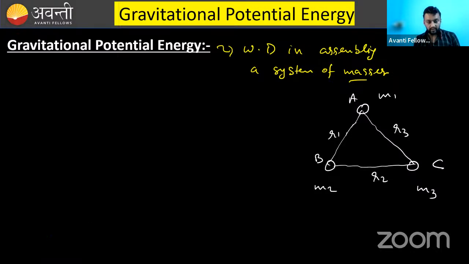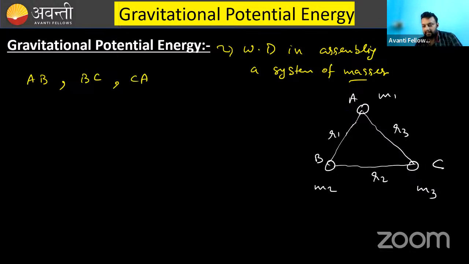What you should do, listen to me very carefully. First of all, make the pairs of two masses. Can you see that? How many pairs of two masses are there? One is a pair of AB, one is a pair of BC, and one is a pair of CA.